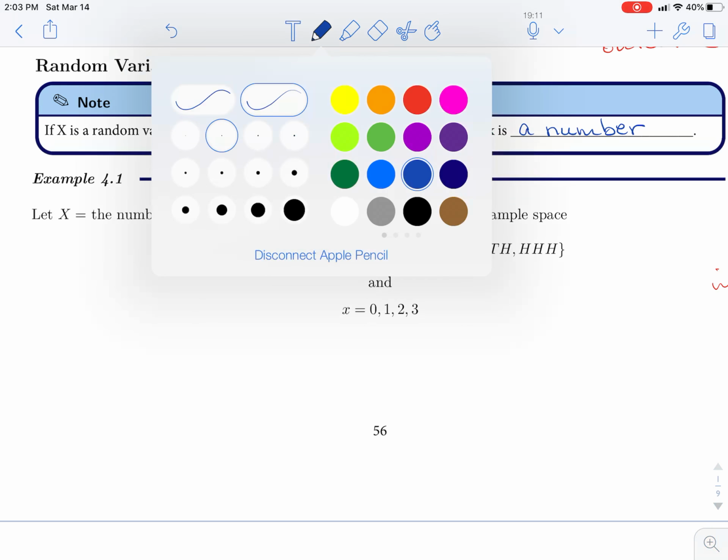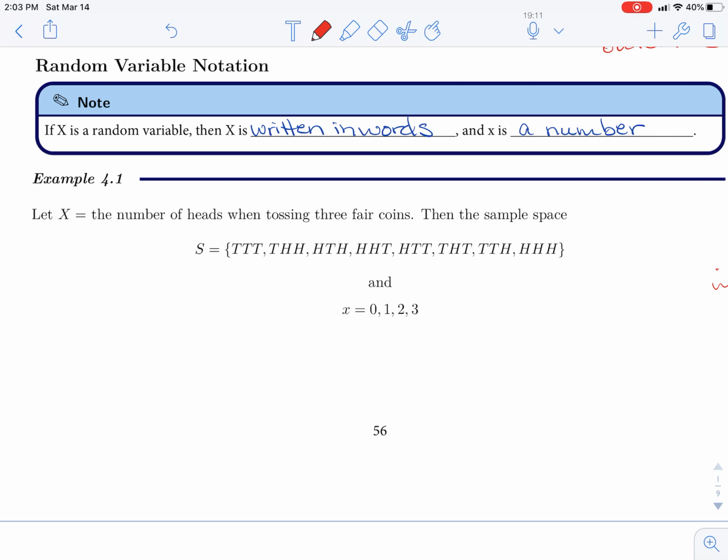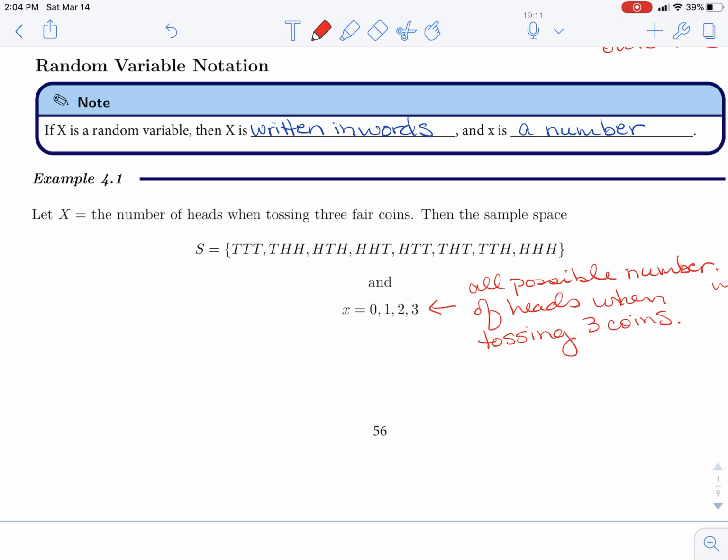But the little guy below here with the little x, these are all possible number of heads when tossing 3 coins. Right? We can either get no heads, 1 head, 2 heads, or 3 heads.